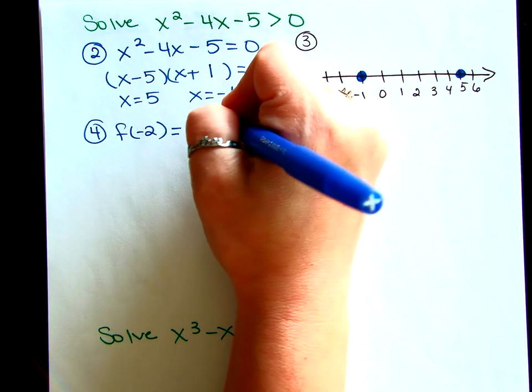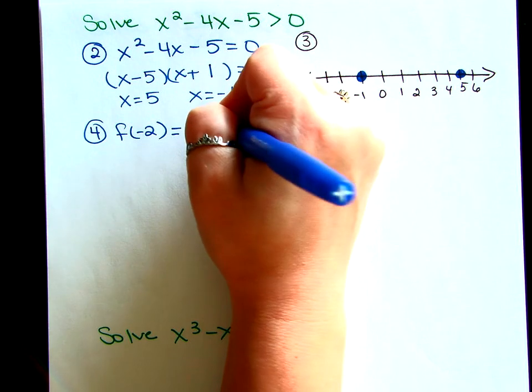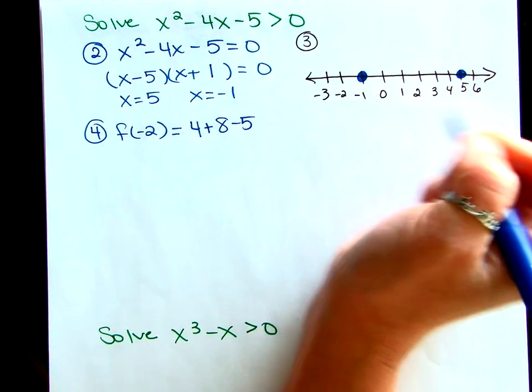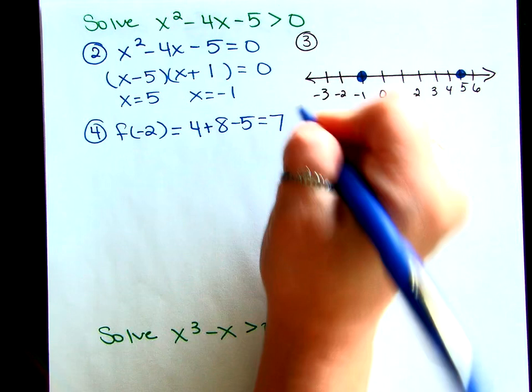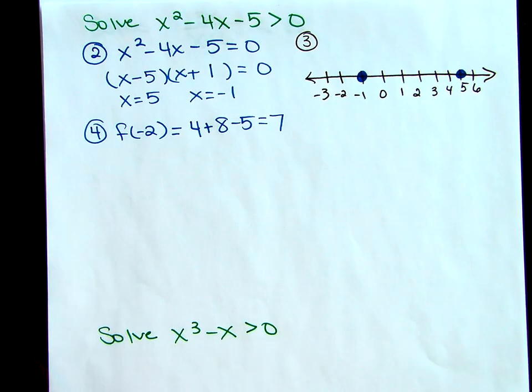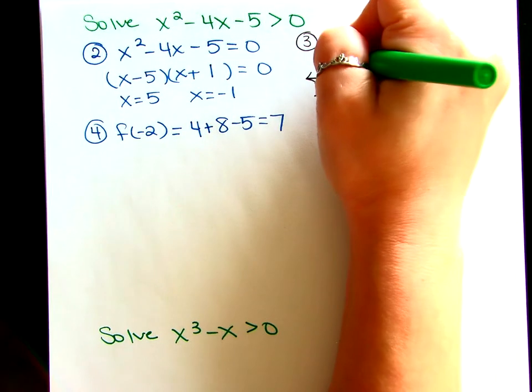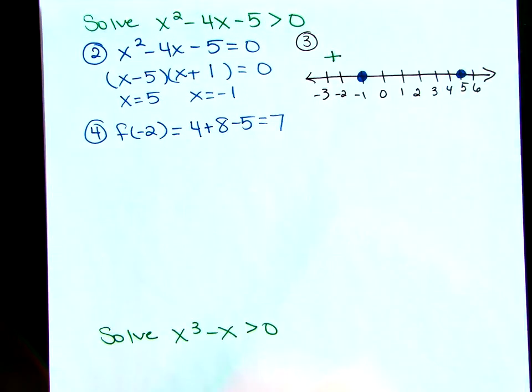Minus 4 times -2 is a positive 8, minus 5, which equals a positive 7. So that means over here, I'm going to put a plus above my number line. That lets me know that if I plug in -3, I'm going to get a positive number as well. And if you don't believe me, put in -3 and test it. Put in -4, -10. All of those numbers should give you a positive number.